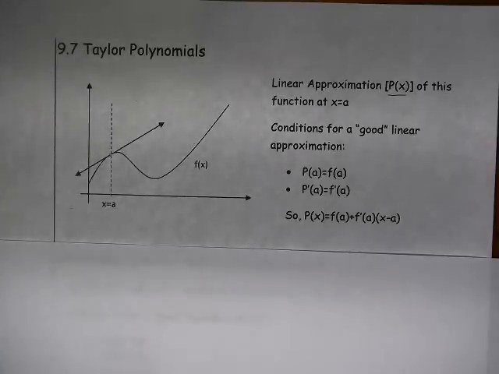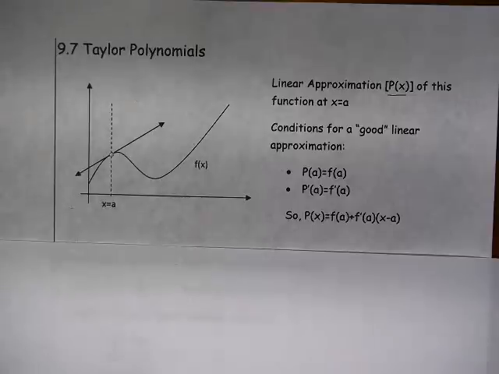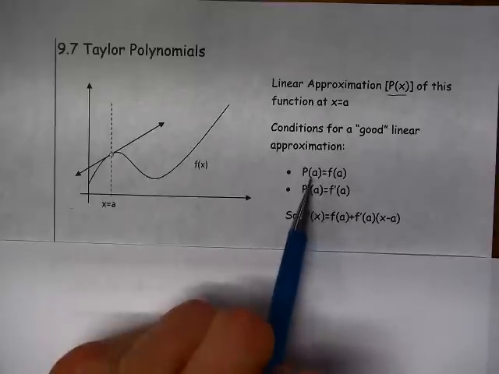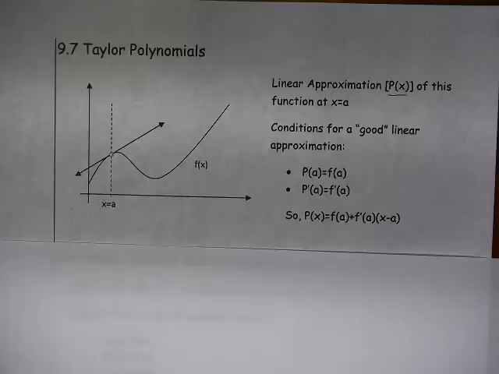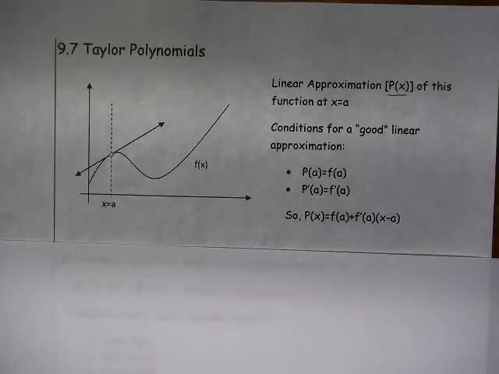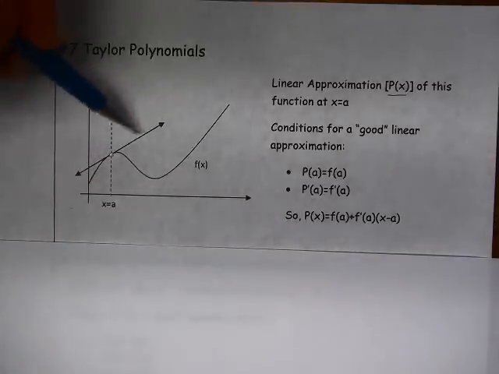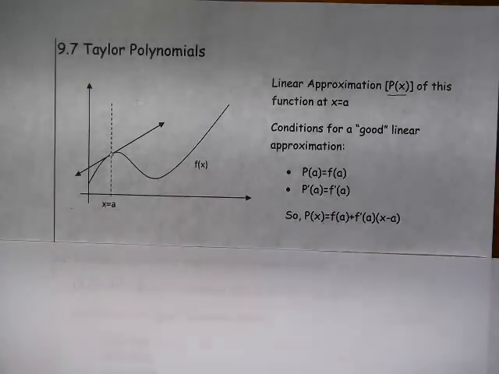So what makes a quote-unquote good linear approximation? Well, the point on our linear approximation has to match up with the point on the original function. Our linear function has to pass through the point on the original function. And the slopes have to be the same. So the slope of our line has to equal the slope of the original function that we're trying to model at x equals a.